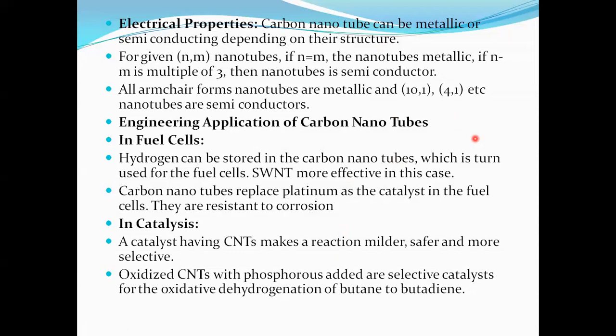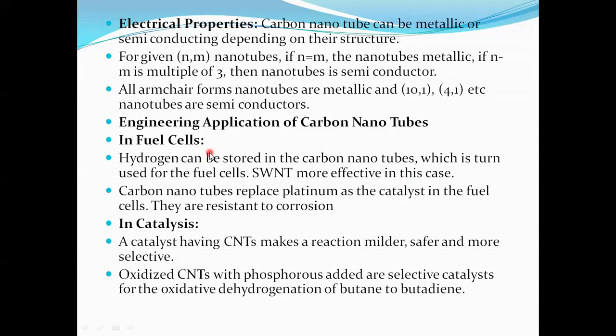Now, the properties of two-dimensional single-walled or double-walled carbon nanotubes include excellent electrical conductivity, acting as a semiconductor as well as a metallic conductor. So they can be used in the fuel cell.